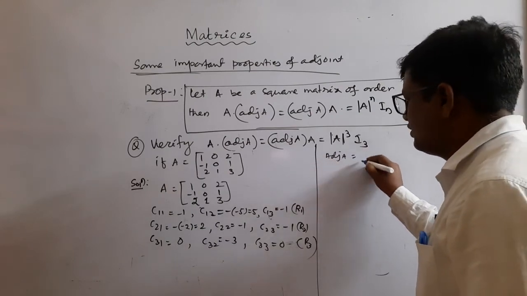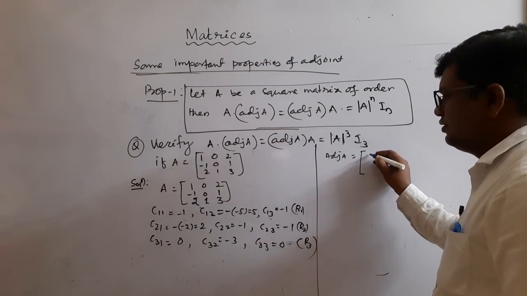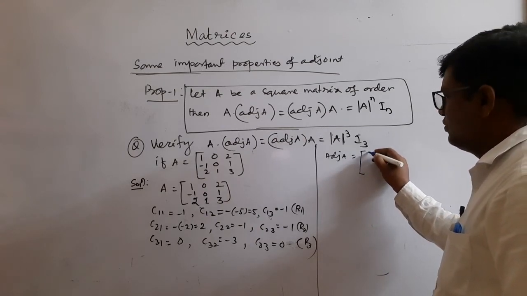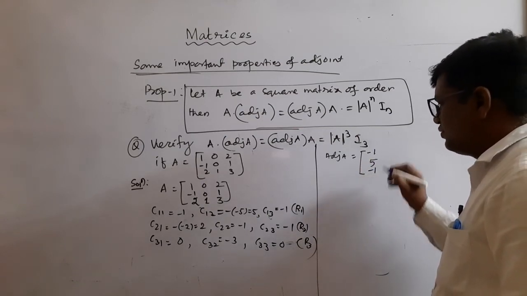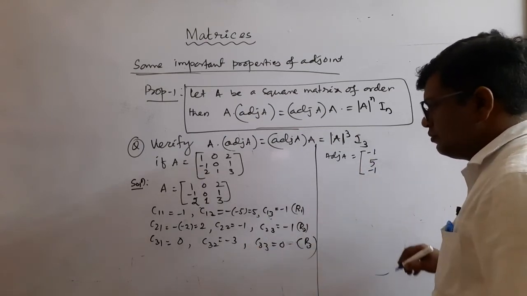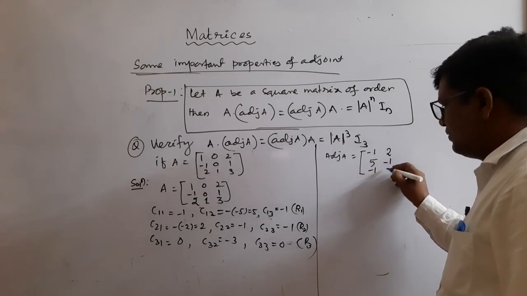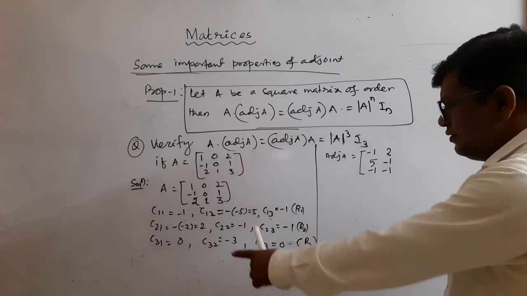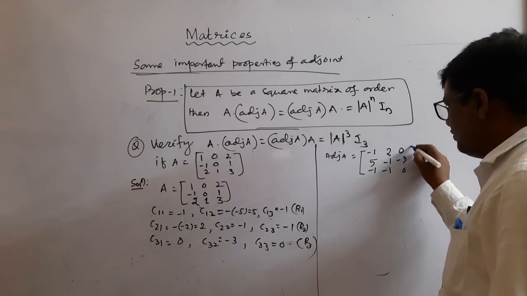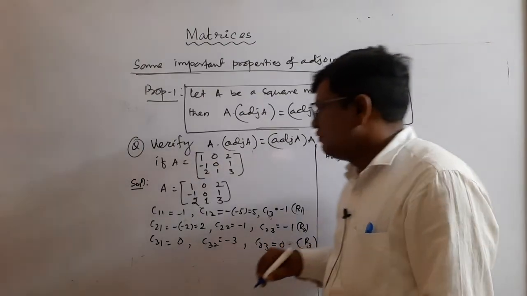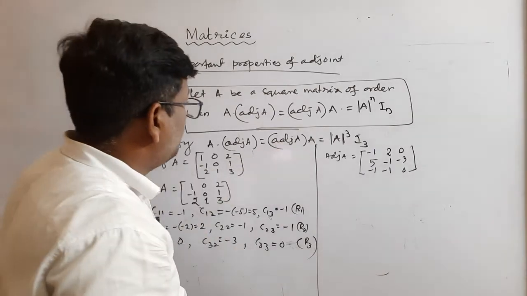Adjoint A is equal to: row 1 written as a column, minus 1, 5, minus 1; then 2, minus 1, 0; minus 3, 0. This is adjoint A.